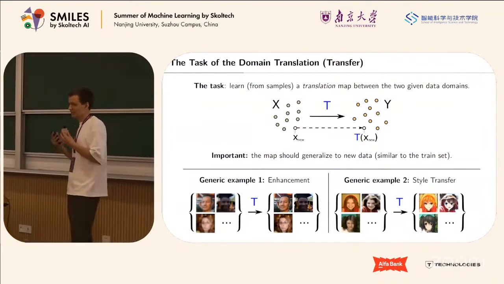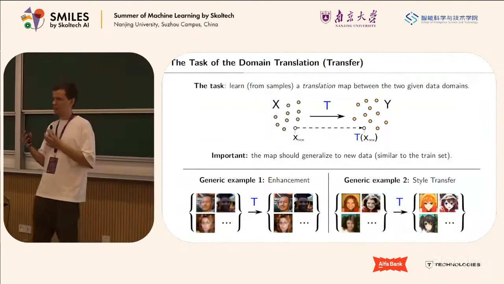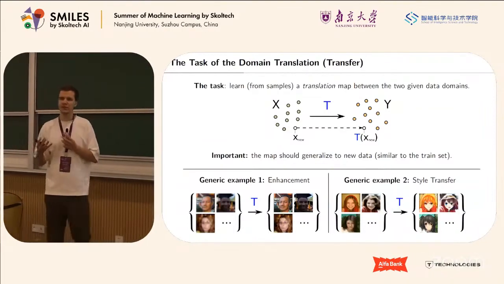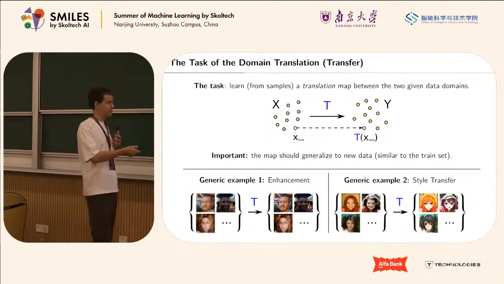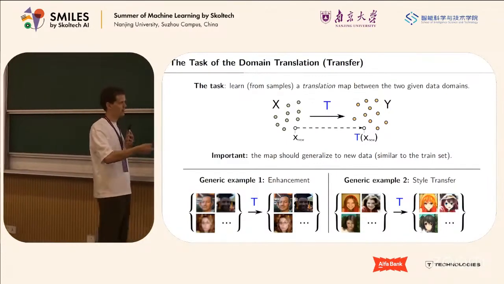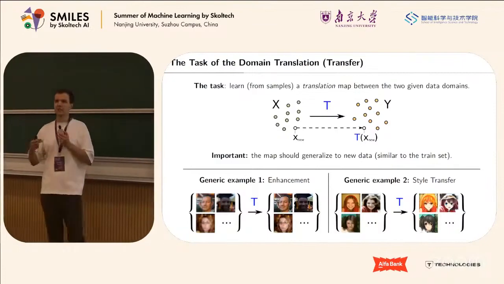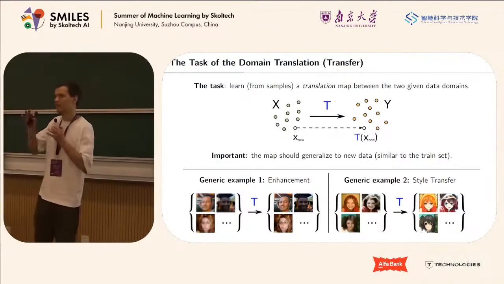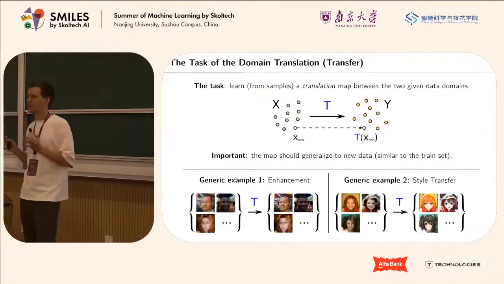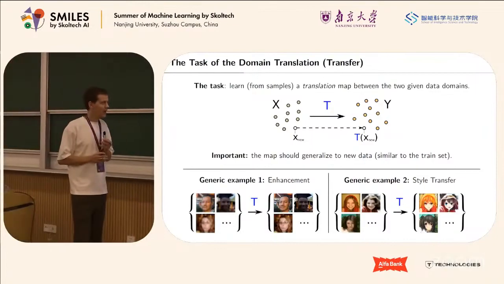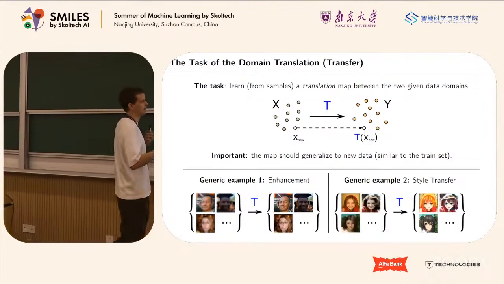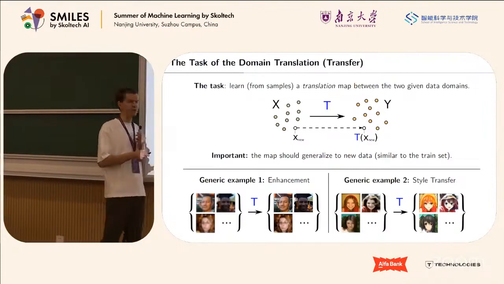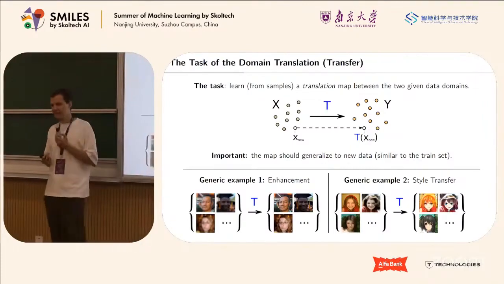But in practice there are a lot of tasks when you have two empirical samples and you need to do something with them. Usually one empirical sample from one domain, another empirical sample from another domain, where the word domain here means a set of objects with the same characteristics in some sense. These types of problems, where you need to take samples of one type and produce samples of another type, are actually widespread.